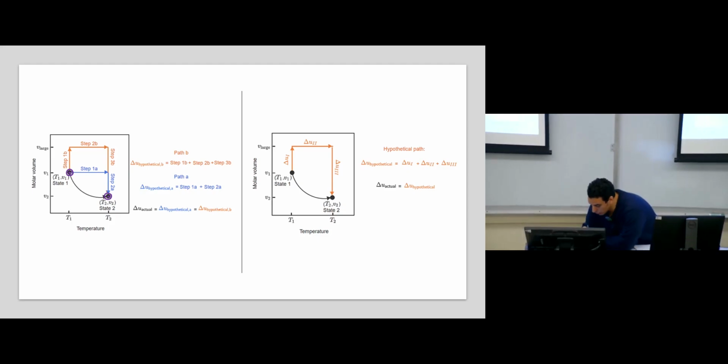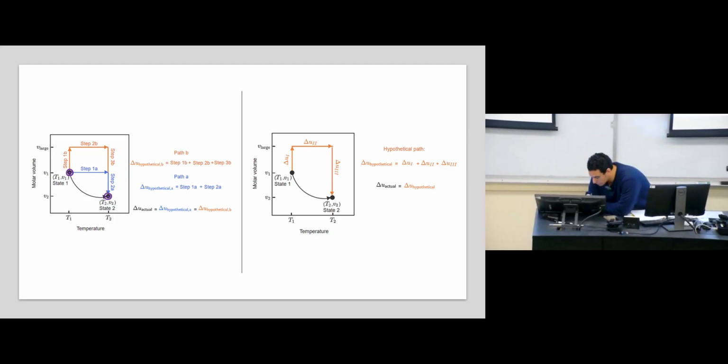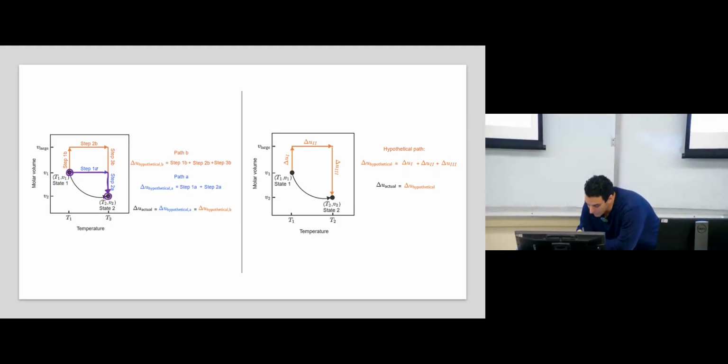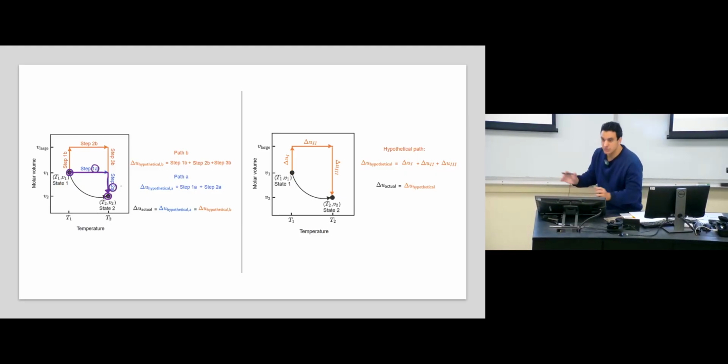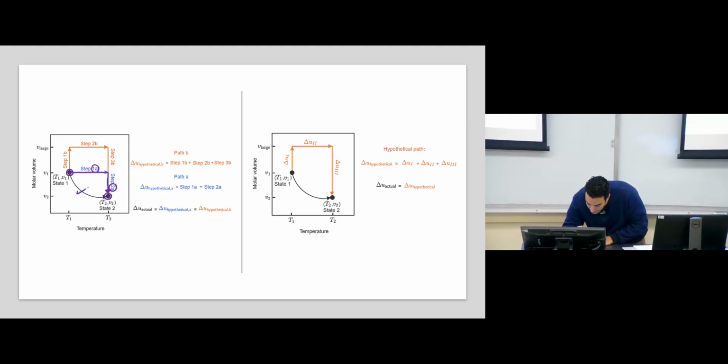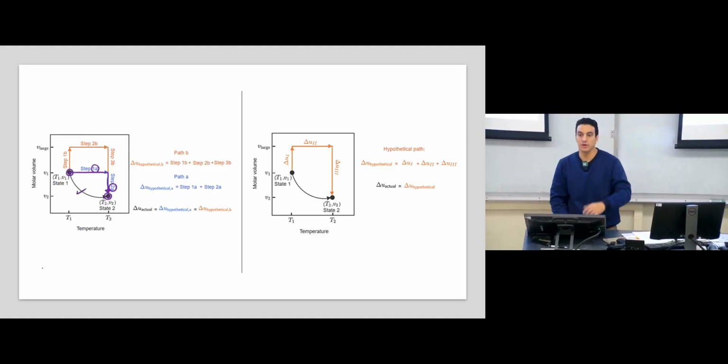Or you can assume I will move from this point to this point, not on the black line, but on these two processes. So if you find the enthalpy change for this step and for this step, and sum them together, you will find the enthalpy change for the original path.